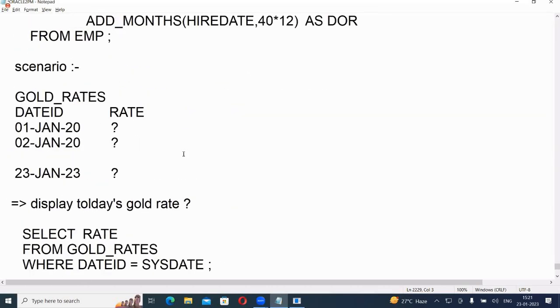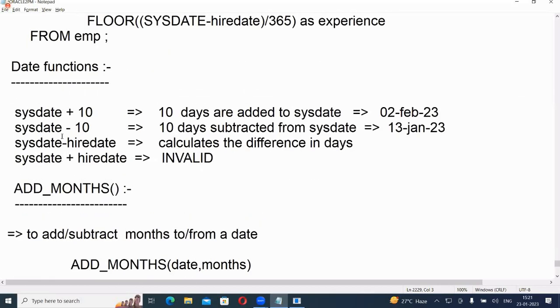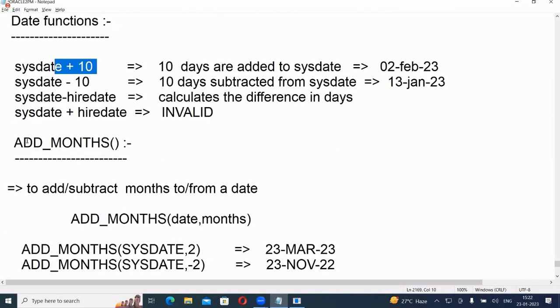Directly we can add. We don't need any function. Days we can directly add, but if you want to add months, then you have to use the add months function.